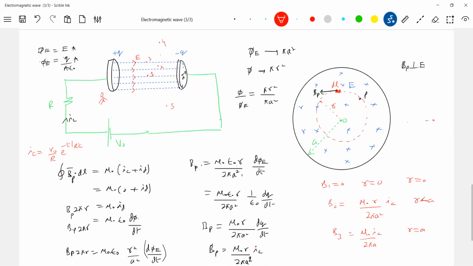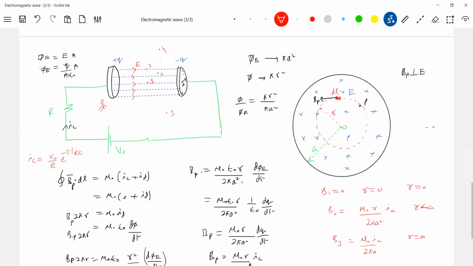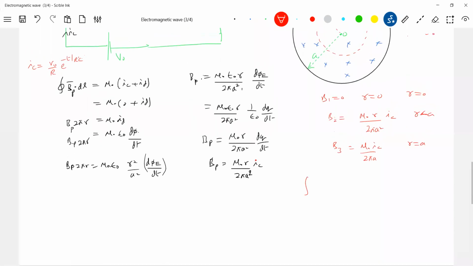The total current enclosed between the plates of the capacitor is equal to the displacement current. So for the field at point 4, I derive it: B4 dot dl equals mu naught times net displacement current, and we already know displacement current is equal to conduction current. This will be 2 pi r, mu naught I_C. Apply Ampere's circuital law.